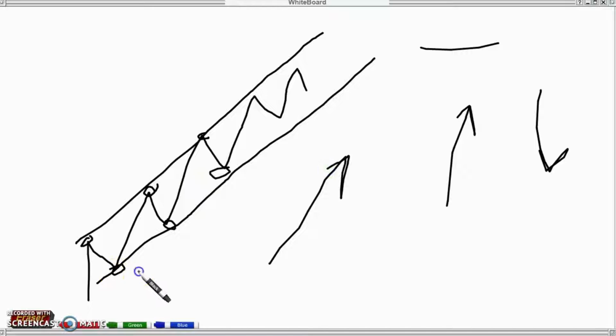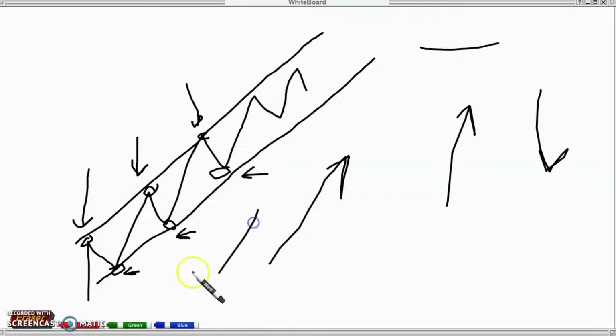In an uptrend, we will look for buys at these points, where the market touches these trend lines. We don't normally sell at these points. I don't know why some people teach you guys that, because you're trading against the trend. Yeah, some people do that. They trade the correction, but we want to be with the trend. So this is an uptrend trend line.